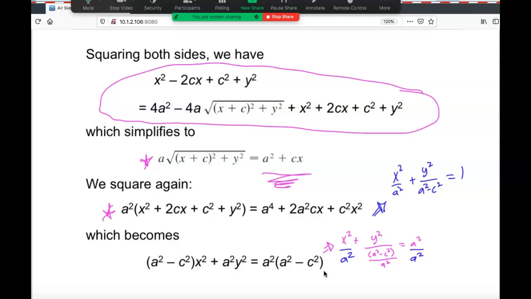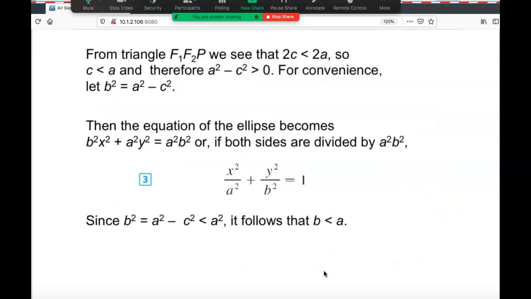And if we let a squared minus c squared equal b squared, we actually end up with what we know to be our ellipse equation. You can see they let b squared equal a squared minus c squared, and we end up with a much simpler equation: x squared over a squared plus y squared over b squared equals 1.